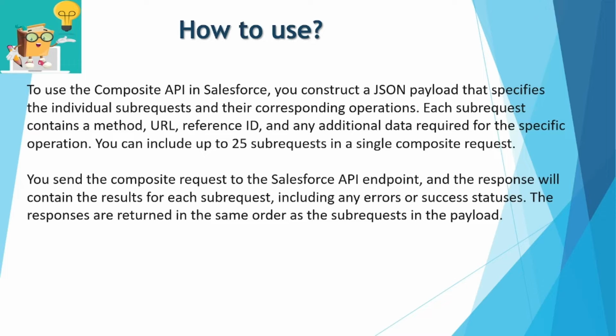So how do we use composite APIs? Composite APIs are nothing but a JSON payload in which we define sub requests. We will see a real-time example of what a sub request is, so that you will be able to easily connect the dots.